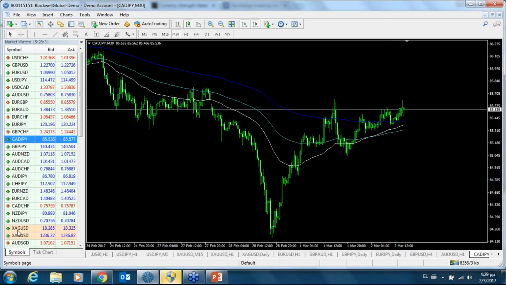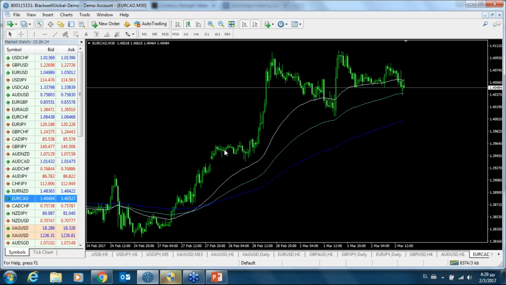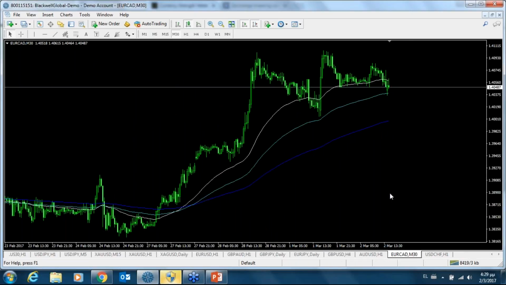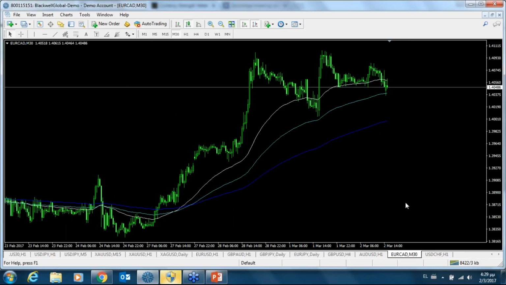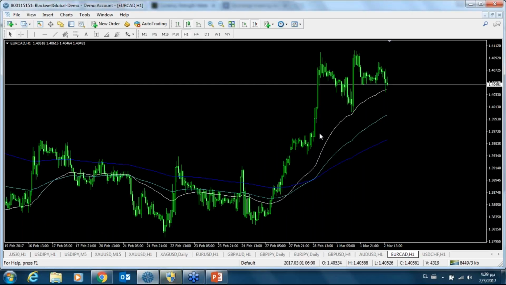So we've got Euro-CAD right there, and at a glance on the 30 minutes itself, lots of support that I can actually see. You've got support, it's trying to move out of the three lines, but it's just not moving out just yet. But again, support. So you've got some lowered momentum or bearishness by the Canadian dollar, but more momentum to the upside, or bullishness, by the euro, is what I can see here if you're combining euro and CAD.